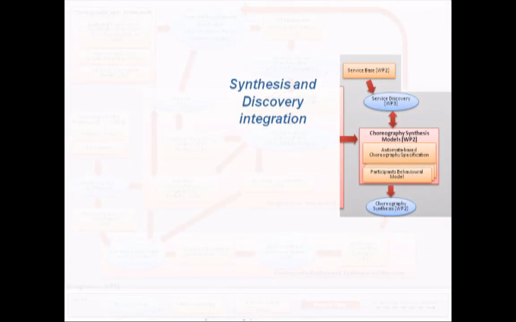Now, after a brief introduction of the discovery activity, we will see how the synthesis process and the discovery process interact with each other to retrieve from the service base those candidate services that are suitable for playing the participant roles required by the choreography specification, and hence those services whose behavior is compatible with the expected behaviors as extracted from the choreography through projection.